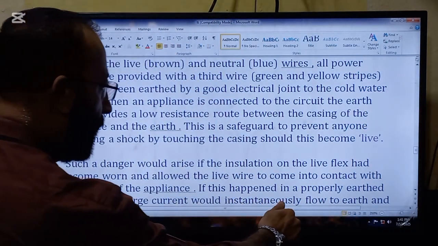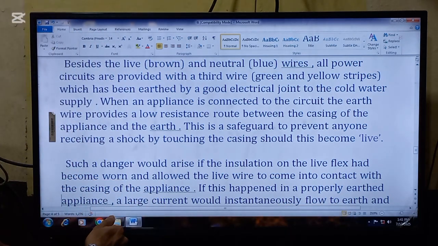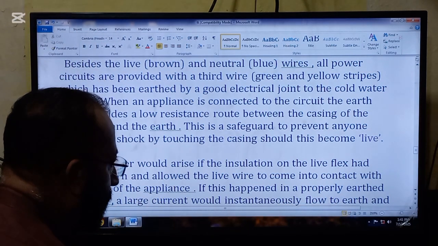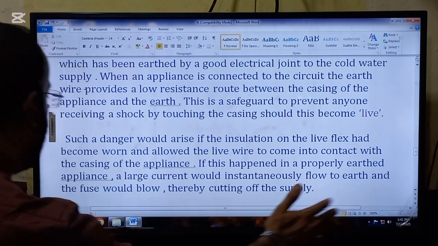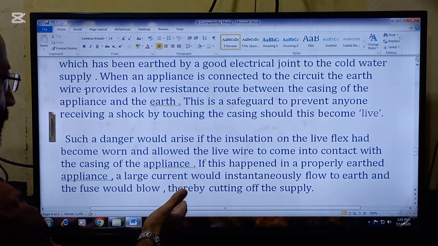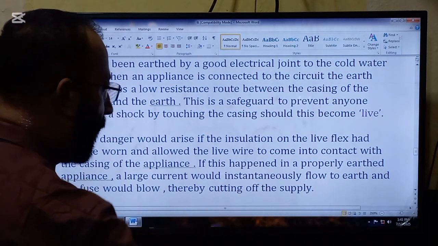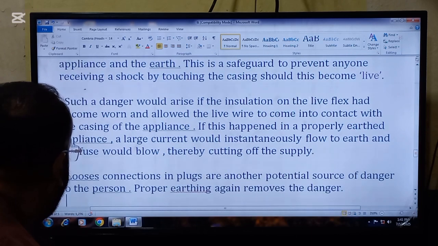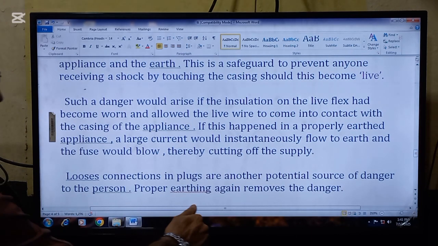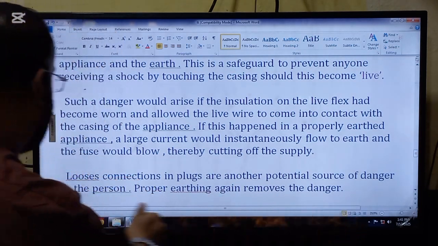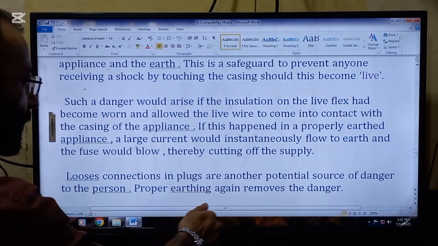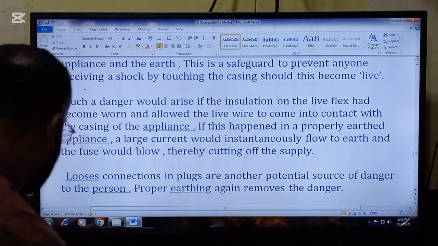If this happens in a properly earthed appliance, a large current would instantaneously flow to the earth and the fuse would blow, thereby cutting off the supply. Loose connections in plugs are another potential source of danger to the person. Proper earthing again removes the danger.